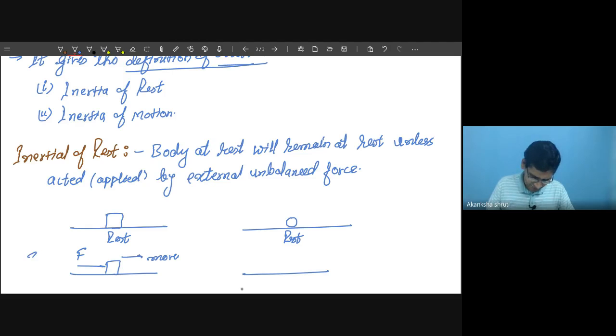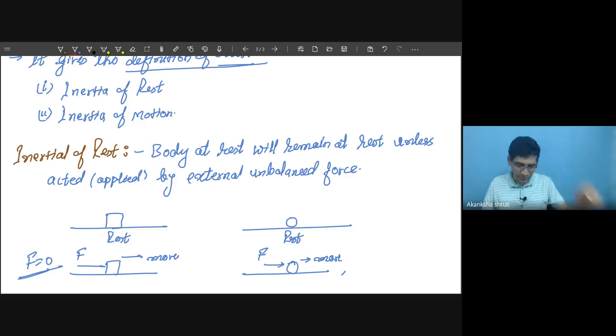If this applied force is zero, the body will not move. So external force is required to change the state. To bring a body from rest to motion, external force is required.